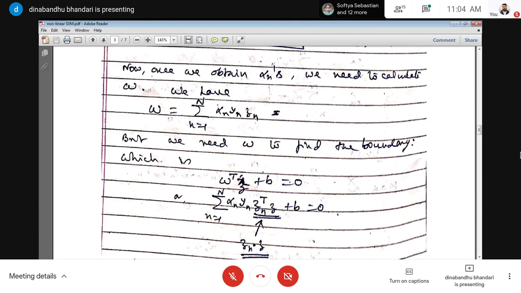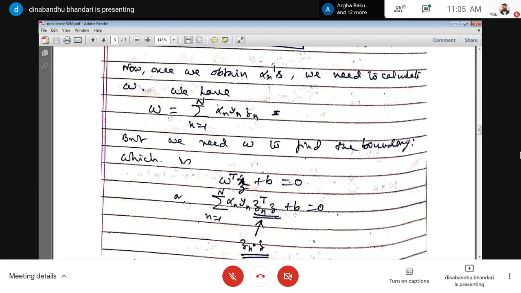That means you are calculating the dot product of the support vectors with the unknown point Z. So we do not need explicit W. What we need is the dot product of the support vectors with the unknown point Z. Then we will be able to find the value of this term at least.